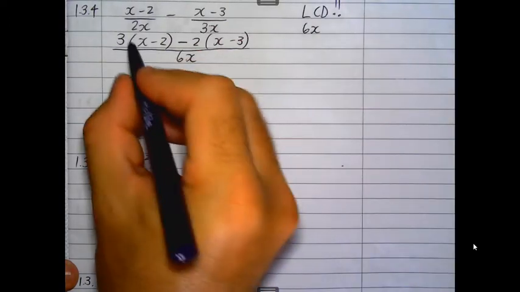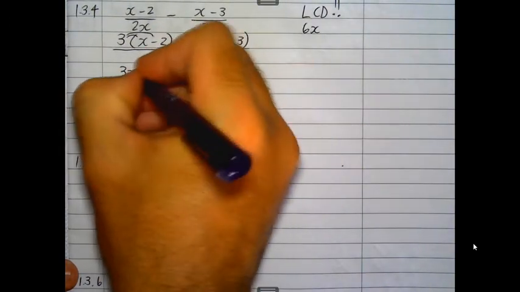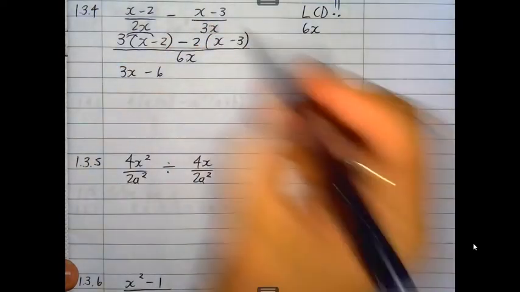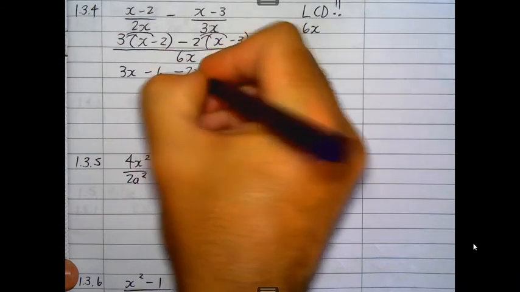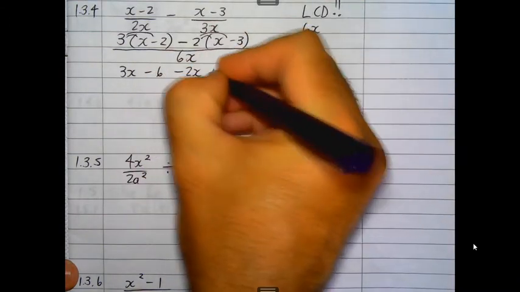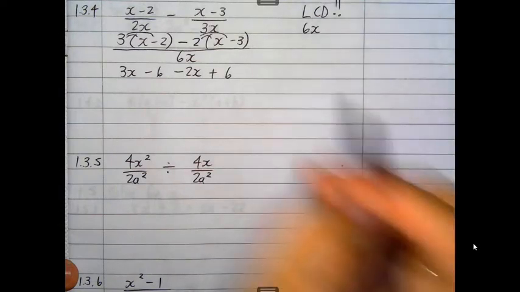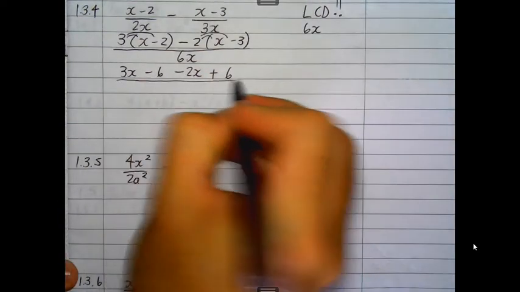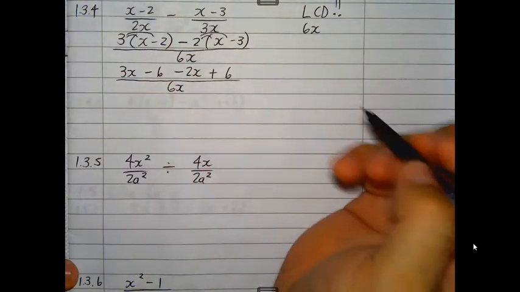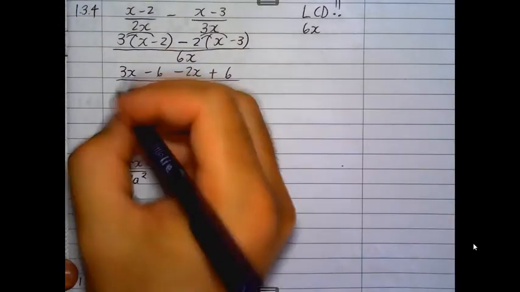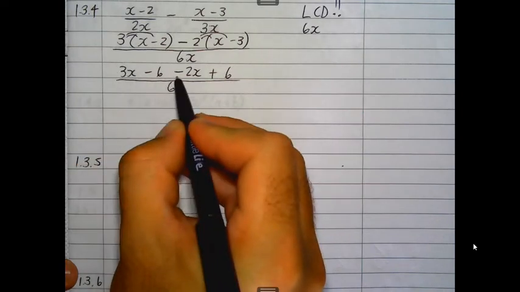To simplify it, we now have to take the 3 and multiply it in to give us 3x minus 6. The minus 2 must get multiplied in to give us negative 2x and plus 6. Negative 2 times a negative 3 is a positive 6. Remember, our denominator is coming along for the journey. We can't get rid of that denominator. Now to simplify it another step, what is 3x minus 2x?